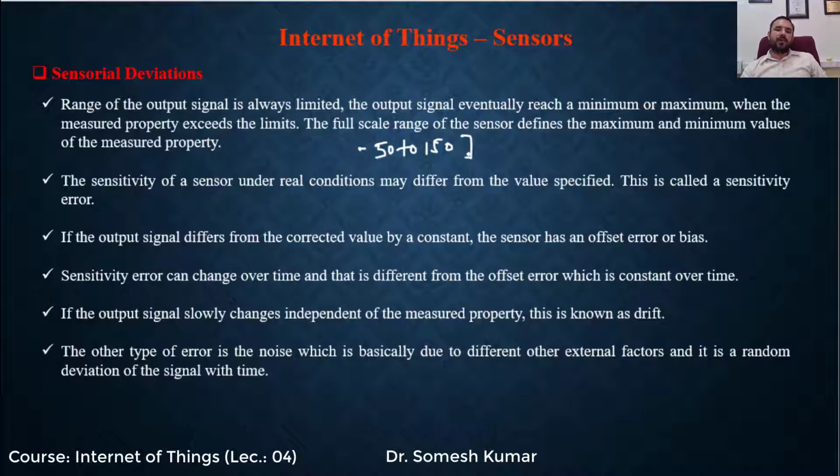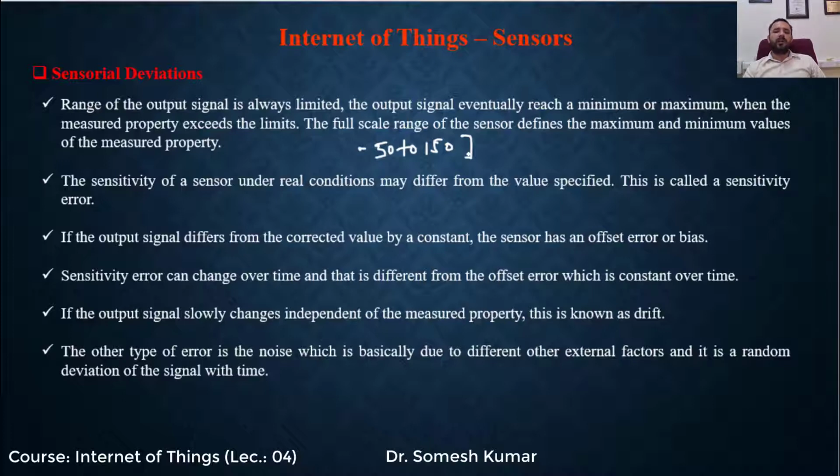Each sensor has some limits, in terms of what temperatures it can sense. Suppose in this room the temperature is 160 degrees Celsius and we are using a sensor with a range of minus 50 to 150 degrees Celsius. At 160 it will give an error, or otherwise it will show 150 degrees Celsius.